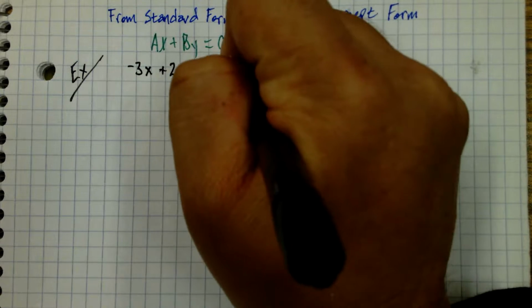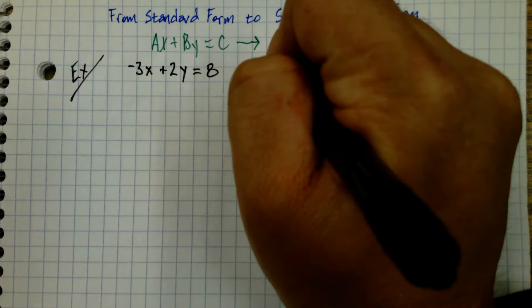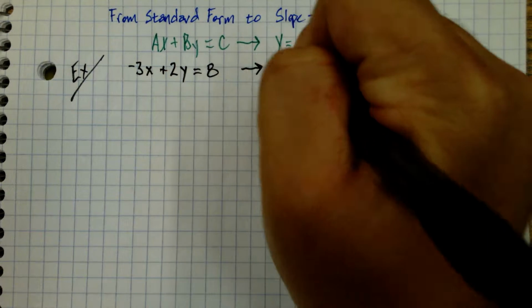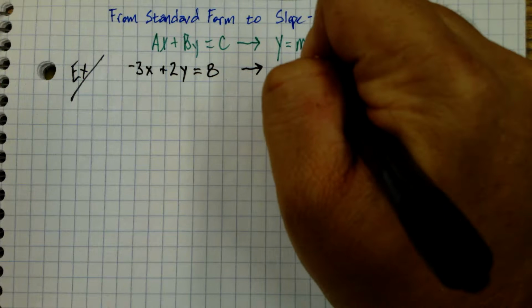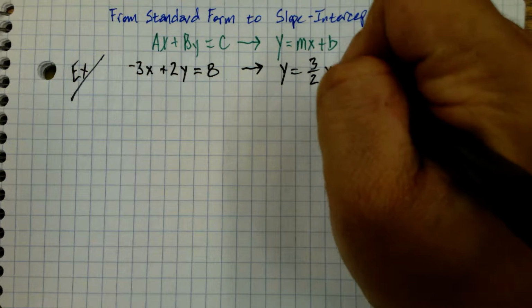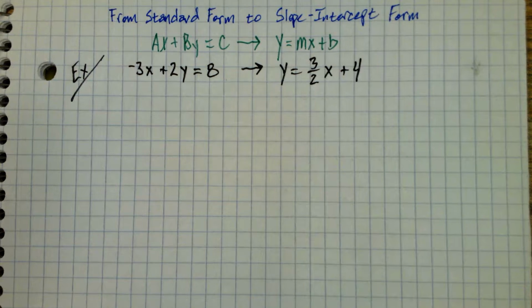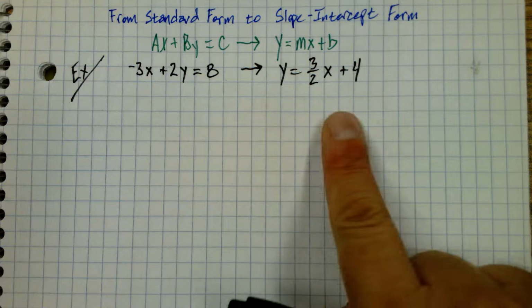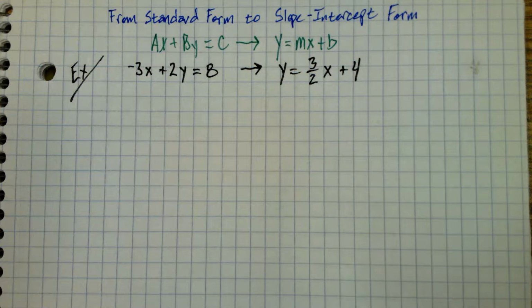And through some steps, we're going to convert this to y equals 3 over 2, 3 halves, x plus 4. So this and this are the same. It's the same linear equation.